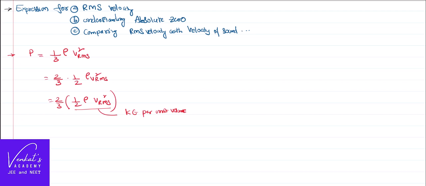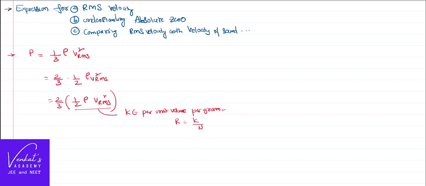Of course, you will be getting it per gram because you are calculating each of this for one molecule of the gas. You can express R as something like a Boltzmann constant by number of the molecules.